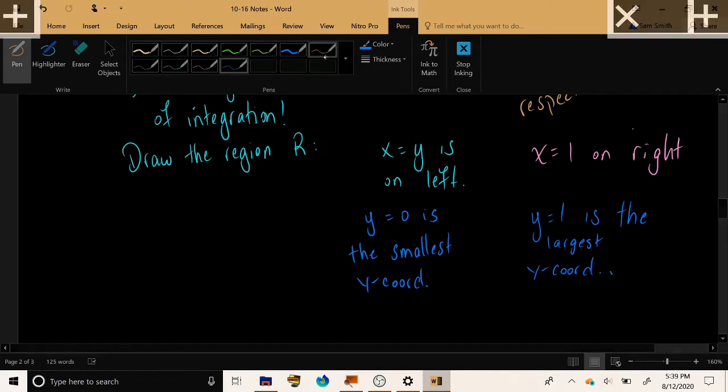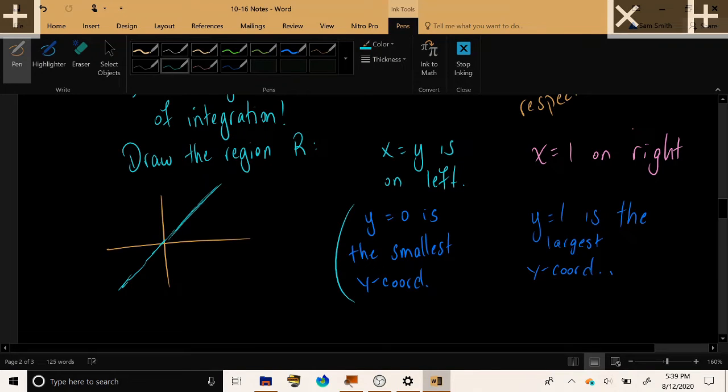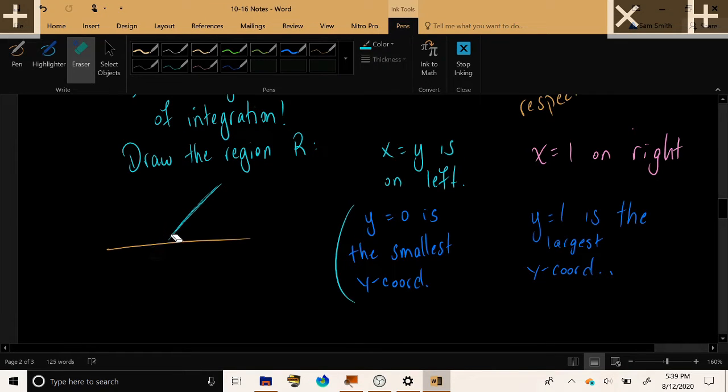So let's set up some axes and let's see if we can draw a region which satisfies those conditions. So first, I'm going to draw the graph of y equals x, which is a diagonal line going through the origin. Except I can't draw the line all the way into quadrant number 3 because y equals 0 is the smallest y-coordinate. So I should stop drawing the line as soon as it hits y-coordinate 0.